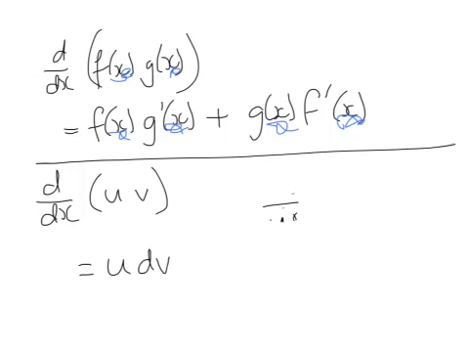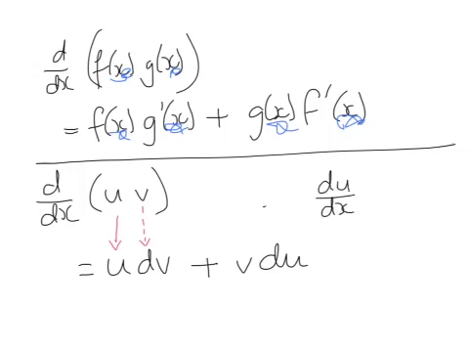So there's me holding still one function. u is waiting while I differentiate v, and then plus, and then v waits while I differentiate u. I shouldn't really write du, I should write du by dx. But this is the lazy way of writing it out. The derivative of uv is u dv plus v du. Either way round.